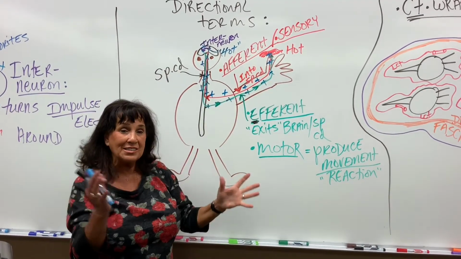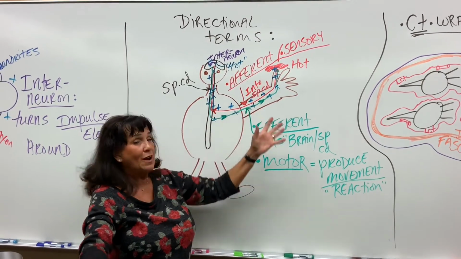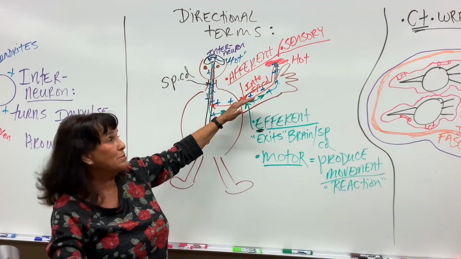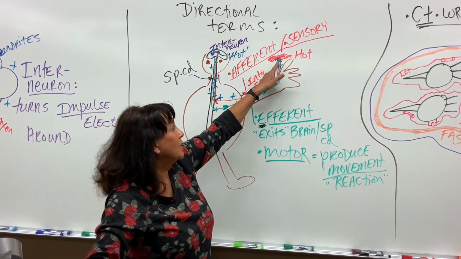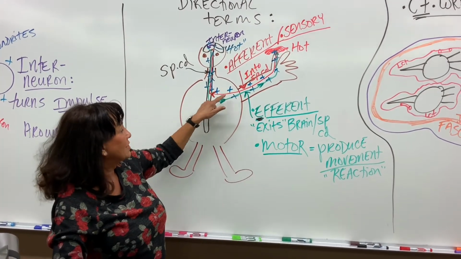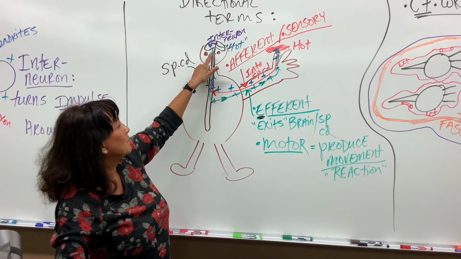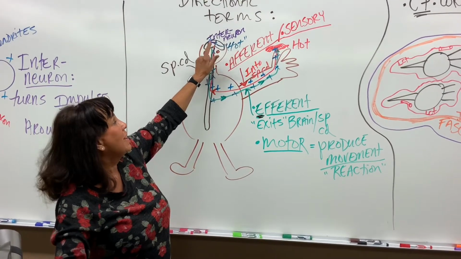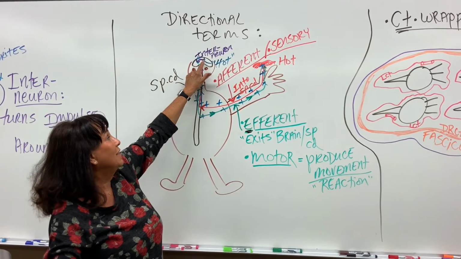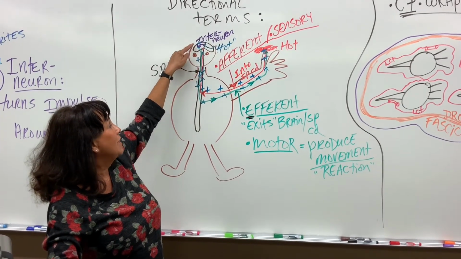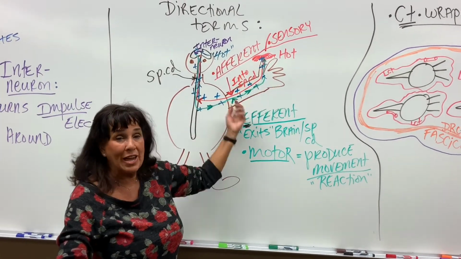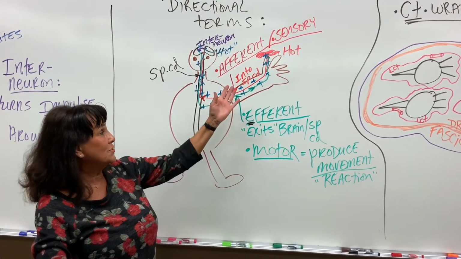They're reacting to the environment, and the environment will create the electricity on the surface of the body or inside the body, and then these red nerves, the afferents or sensory, will take it into the spinal cord. The spinal cord takes it up to the brain, and then the brain decides what you're going to do with that electricity. Then it turns the electricity around and takes it down and out, and you're going to have a reaction to whatever the stimulus is.